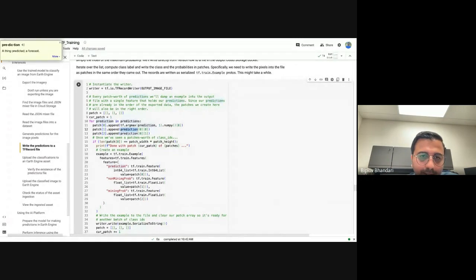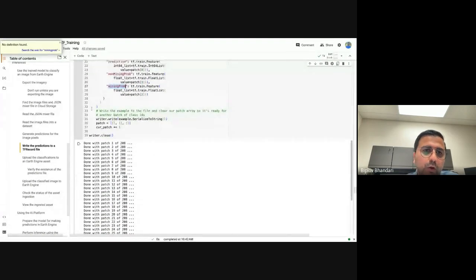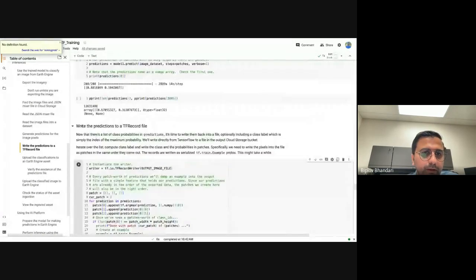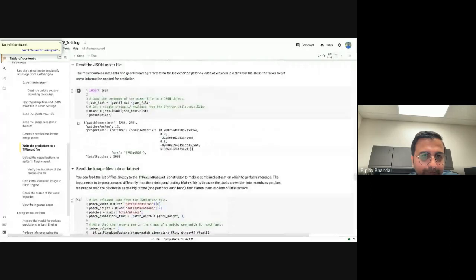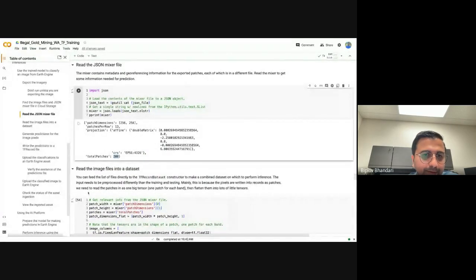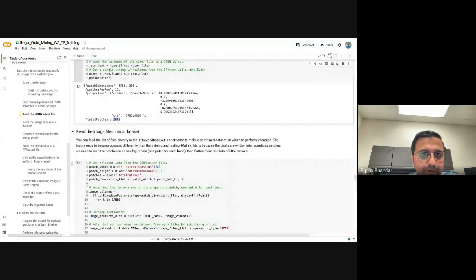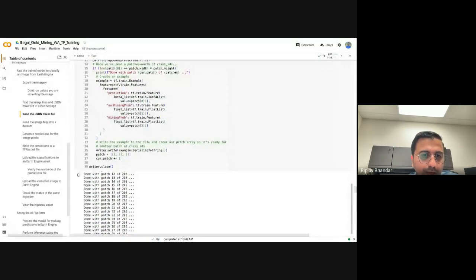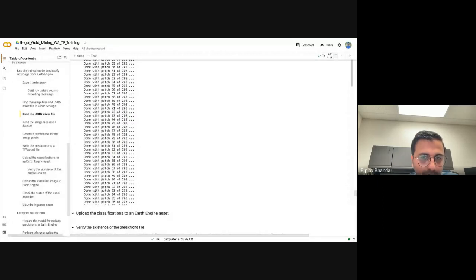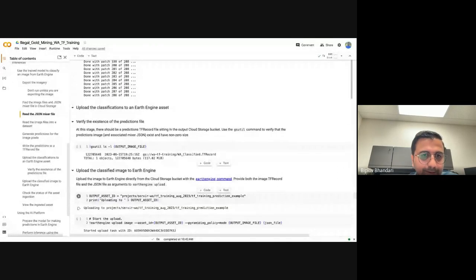But we're also taking the actual values and putting them in the non-mining probability and the mining probability bands. When you run this, you see it has 208 patches of data with a 256 by 256 patch dimension. So it will run until it completes all those 208 patches.